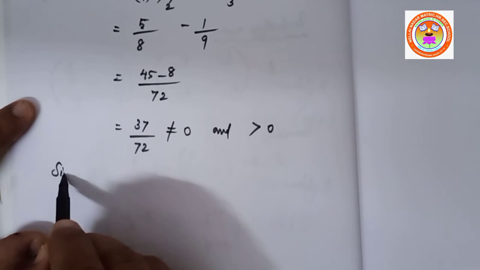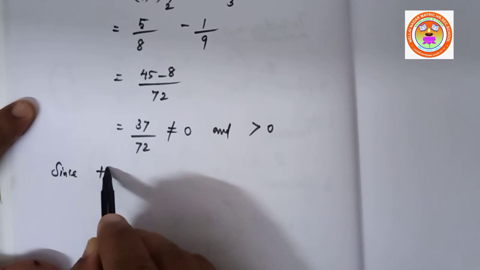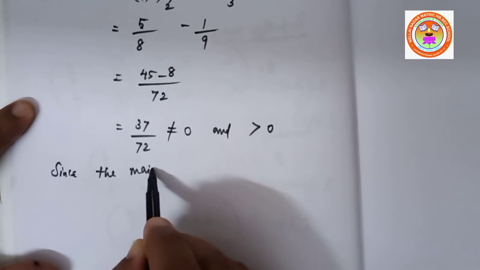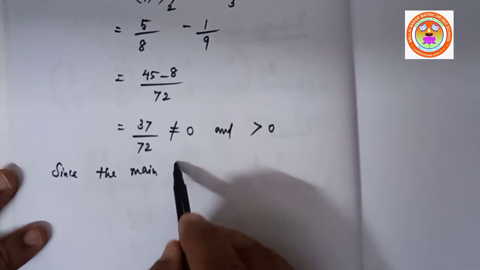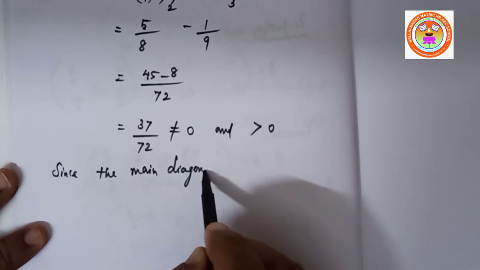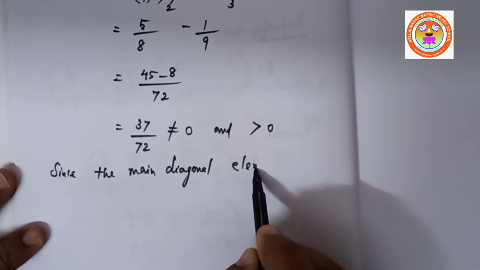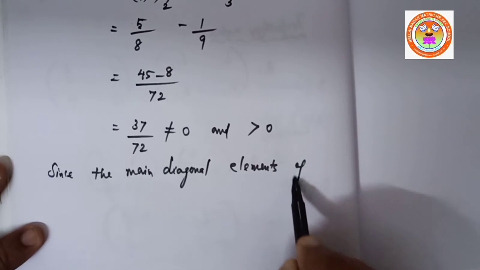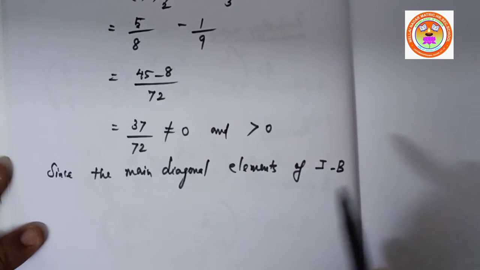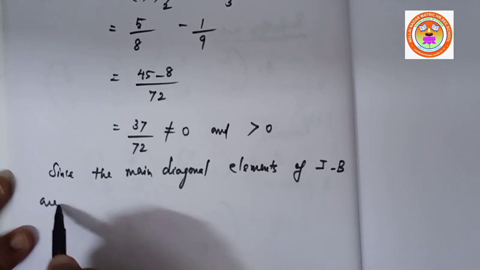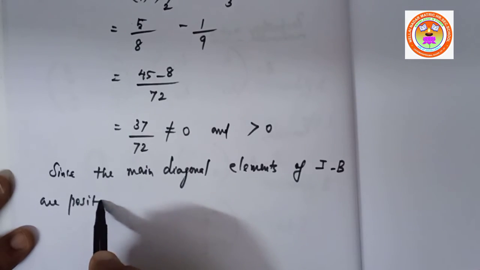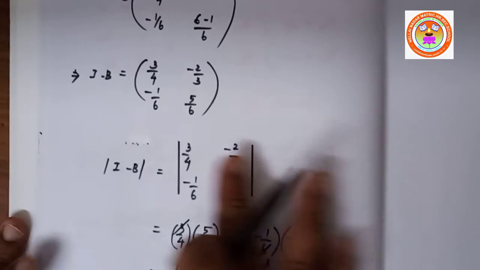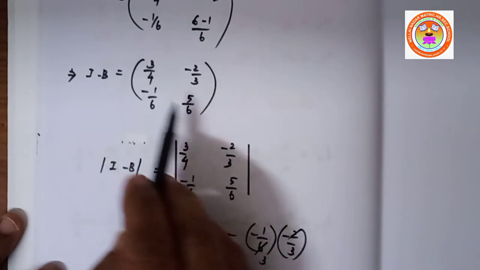Since the main diagonal elements of I minus B are positive. Look at that, already we got that I minus B. Here it is, the main diagonal elements both are positive.